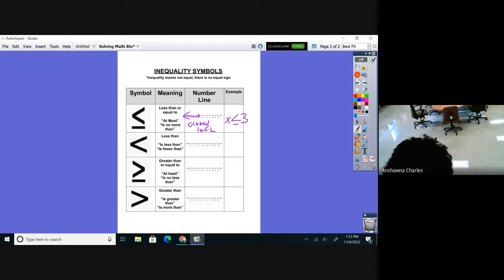If it says less than, so x is less than 3, that means it does not include 3, which means I'm going to have an open circle and go to the left. If it says x is greater than or equal to 3 as our example, we're going to have a closed circle and go to the right.